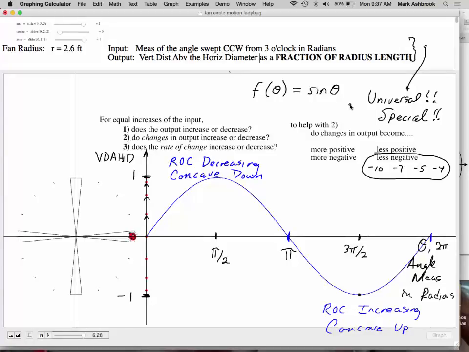S-I-N. It's not a bad thing, right? It's not a sin. It means sine. Sine, which is that whole expression right there, is this output value we're talking about. So when you see sine of theta, that whole thing together means one of the y values on this graph, or the vertical distance as a fraction of the radius length.